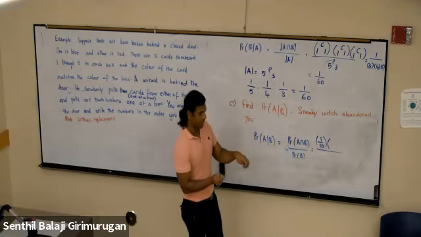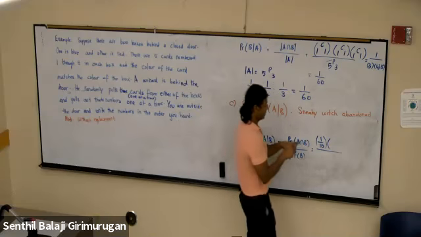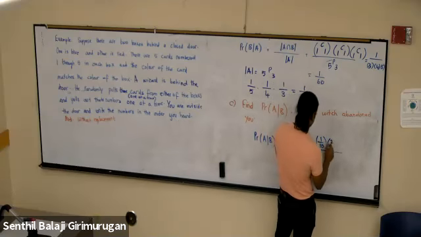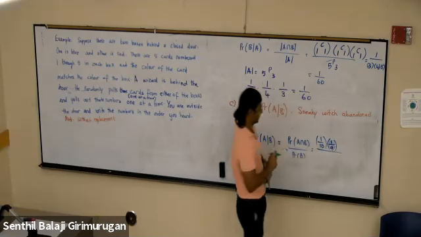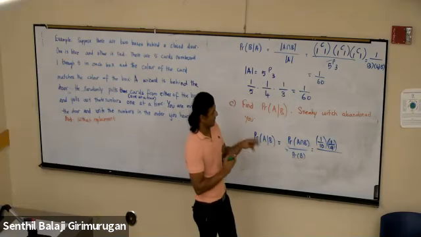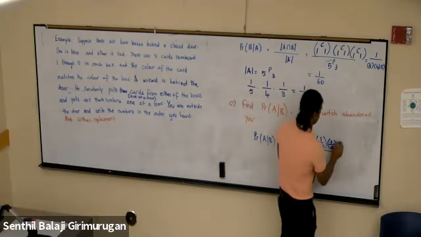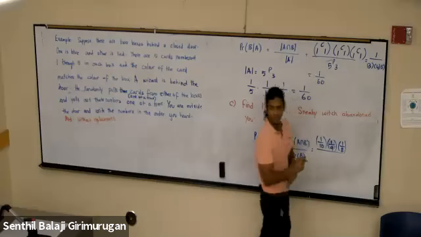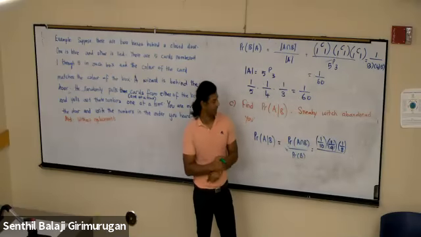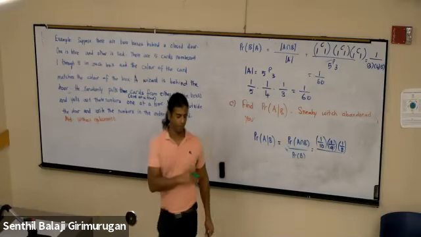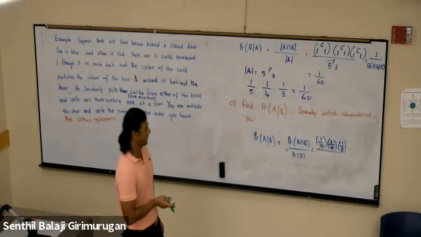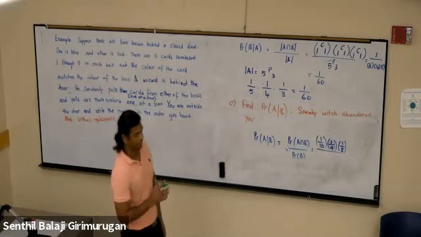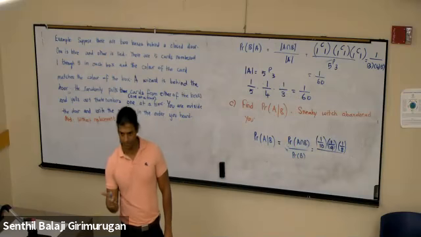1 is blue and we have to get 2. That would be 1 over 9. And then the next one would be 1 over 8. The denominator is the probability of B, which is the probability that we get 1, 2, 3.